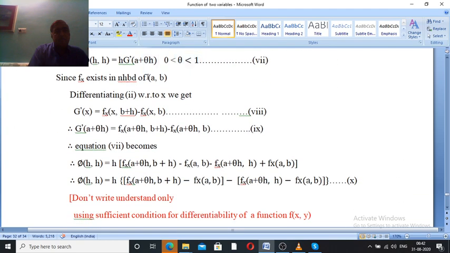Therefore, after differentiating, we get g'(x) is equal to fx(x, b+h) minus fx(x, b). Suppose this is equation 8.